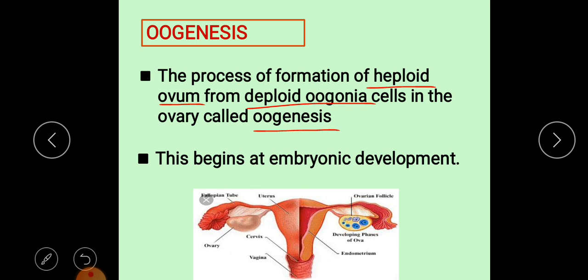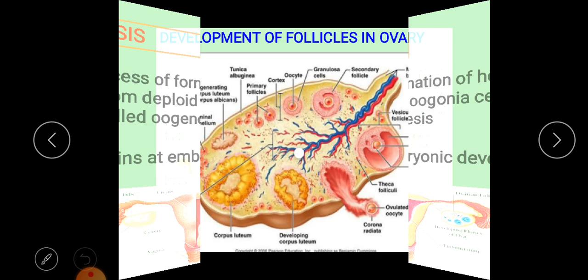In the next part, from where does the oogenesis process take place in the female reproductive system? In the female, it begins at the embryonic development. Before going into the detailed study of embryonic development inside the female ovary, let us know about the structure of the ovary.